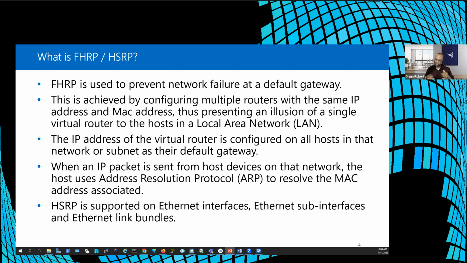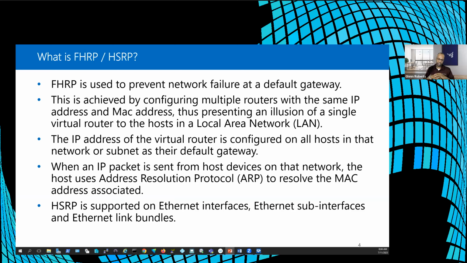It'll also support GLBP, Gateway Load Balancing Protocol, which gives you a way to load balance. We won't touch on that this morning because we don't have time, but the idea is there's an umbrella that handles multiple things. And then the Cisco versions are HSRP or GLBP.